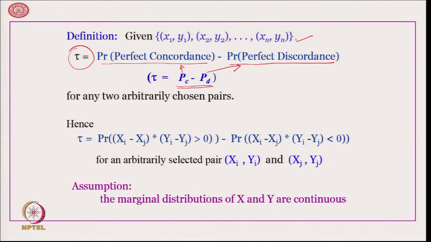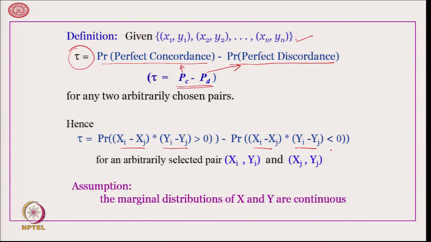Hence, tau is the probability that (xi minus xj) multiplied by (yi minus yj) is greater than 0, minus the probability that (xi minus xj) multiplied by (yi minus yj) is less than 0.